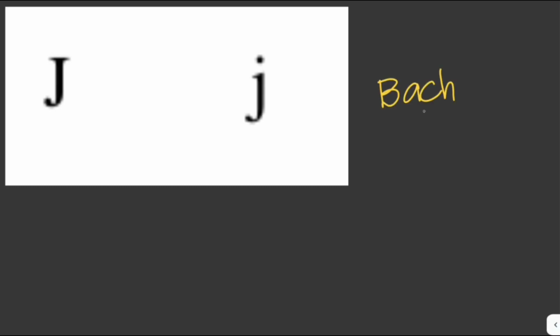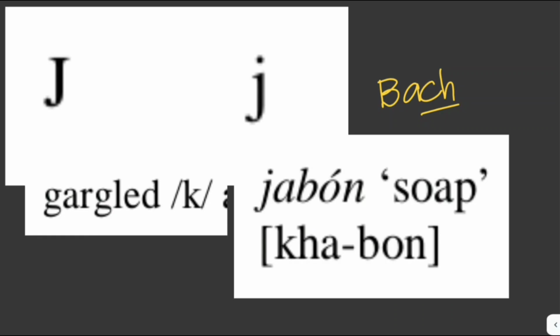For example, jabón, jabón, which means soap in English. Next is letter K, which is pronounced as ka, as in English, kite, wacky, silk. For example, kilo, kilo, which means kilo in English.